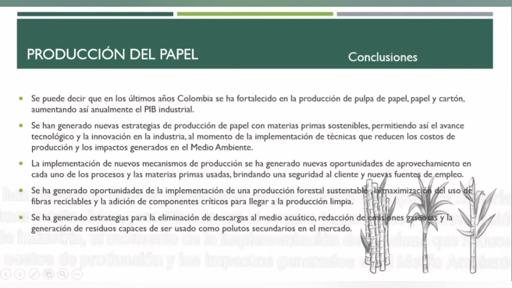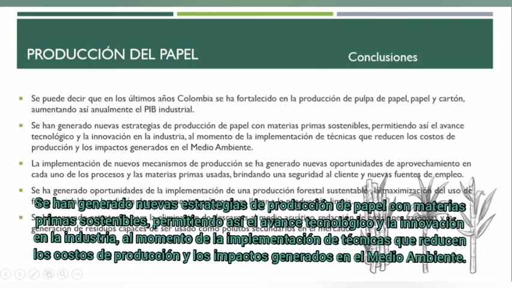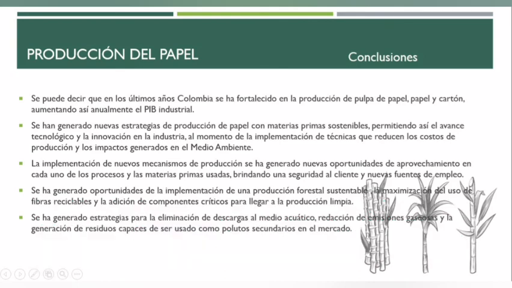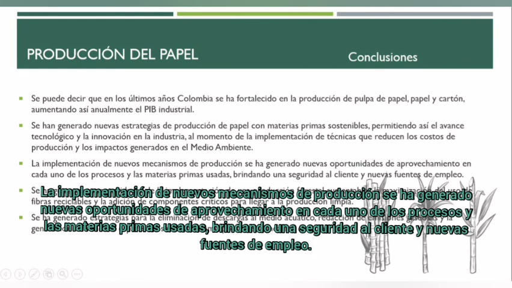New strategies for paper production with sustainable raw materials have been generated through energy technology advances and innovation in the industry, at the time of implementing techniques that reduce production costs and the impacts generated on the environment. The implementation of new production mechanisms has created new opportunities to explore the process and raw materials used, providing customer security and new sources of employment.